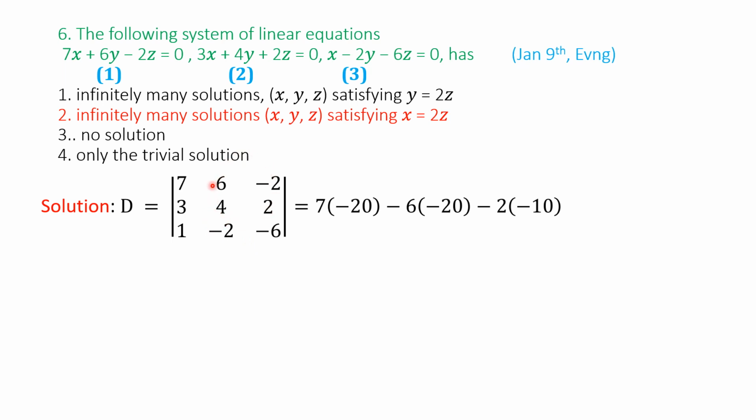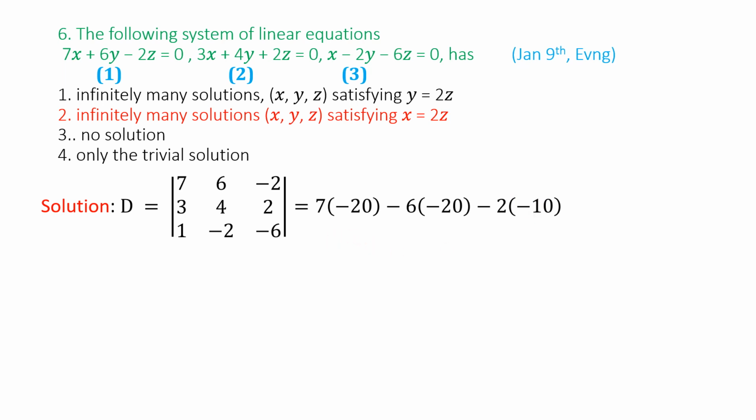Then we calculate the determinant: 7 into (4 into minus 6 minus 2 into minus 2), that value will be minus 20. Then minus 6 into (3 into minus 6 minus 1 into 2), minus 18 minus 2, minus 20. Then minus 2 into (3 into minus 2 minus 1 into 4), minus 6 minus 4, minus 10.